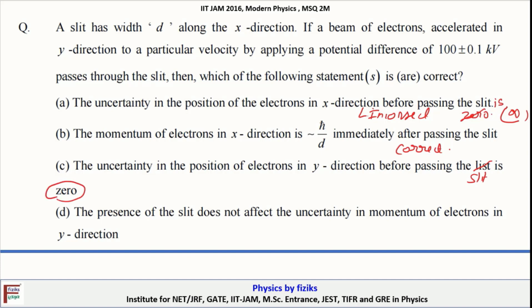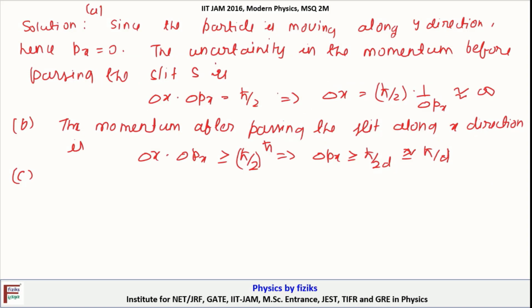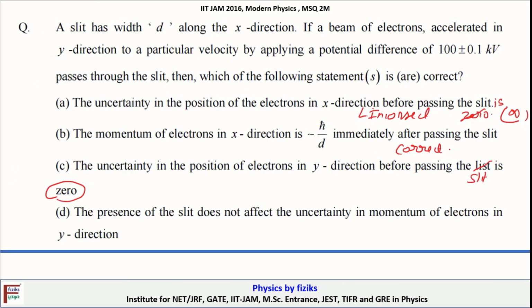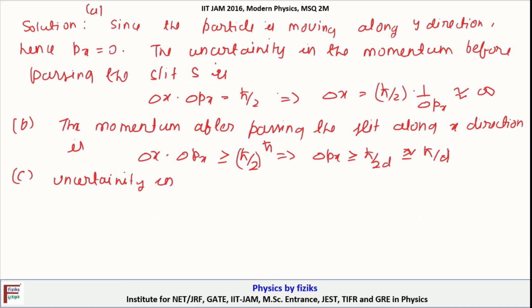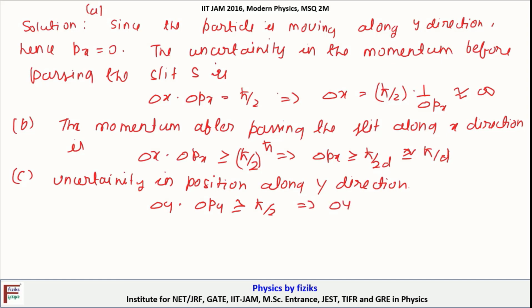Now that term cannot be 0, as we know the uncertainty in position along y direction is given by del y into del py is greater than or equal to h cross by 2, which implies del y is greater than h cross by 2 over py, where py is root 2me.